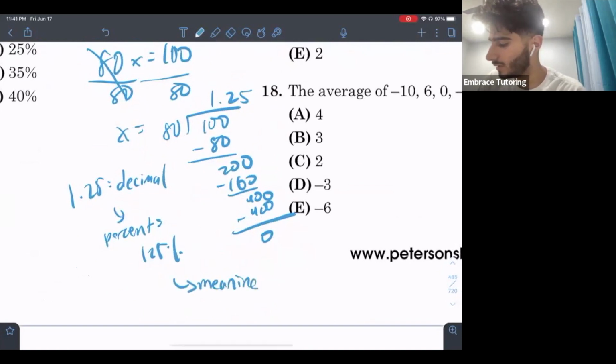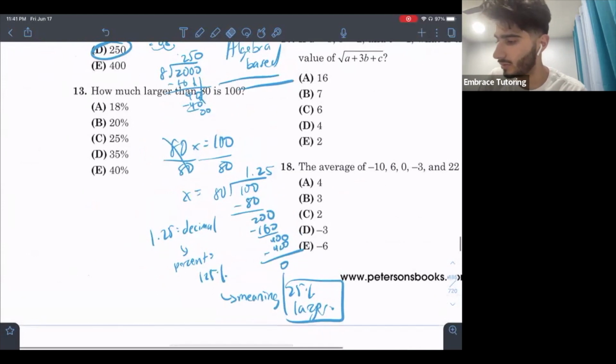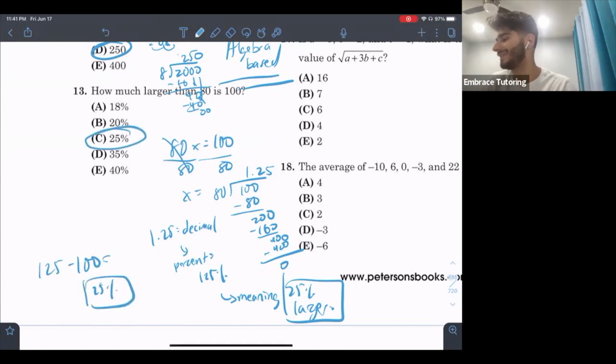Meaning 25% larger, because it's 125 minus 100, 25%. Choice C for question 13.